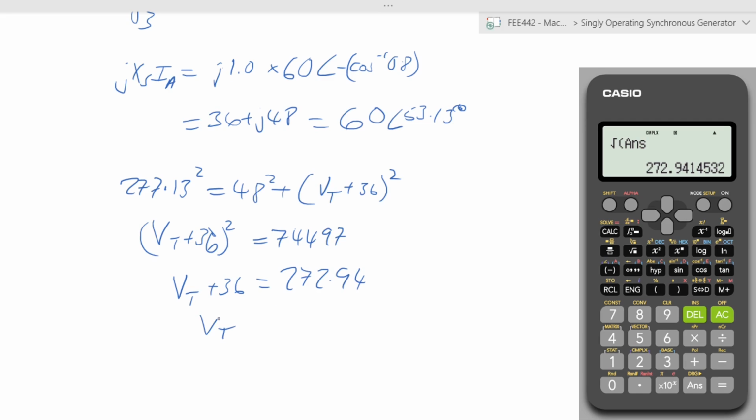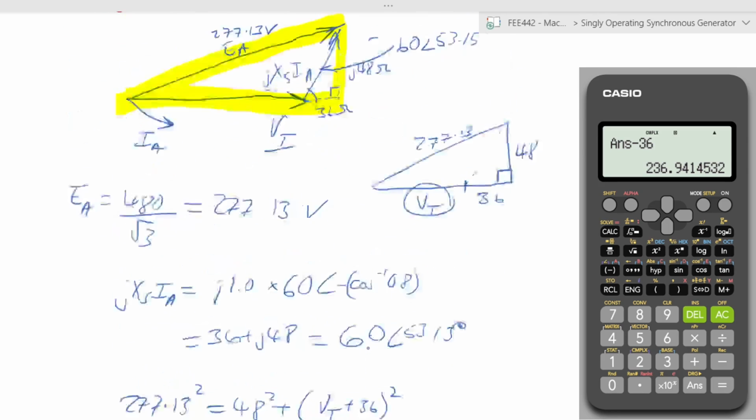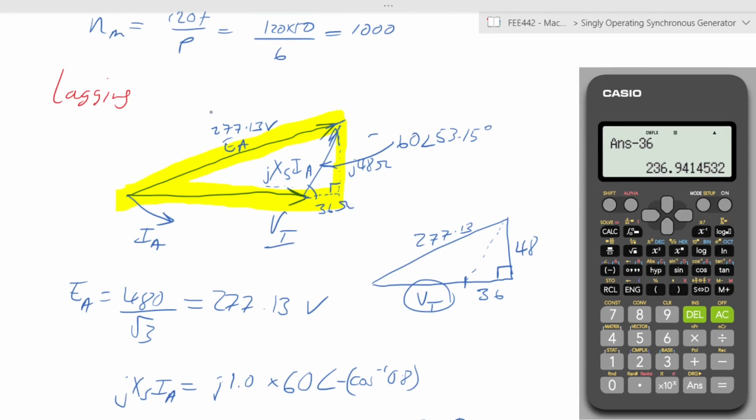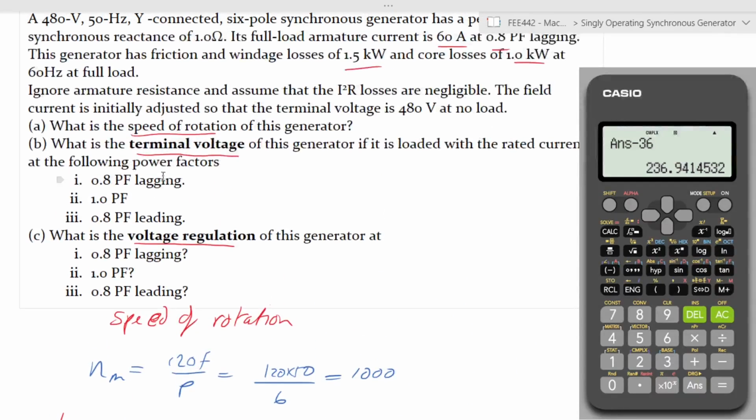Therefore, VT is equal to minus 36, 236.9 volts, right? So you've got your magnitude of VT over here. So VT, we've said is 236.9 volts, right? So that is what happens in the case of a lagging power factor.